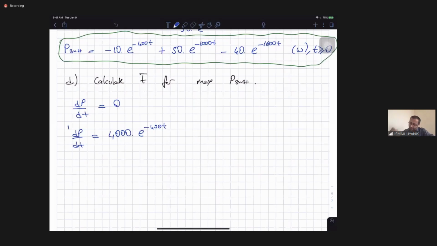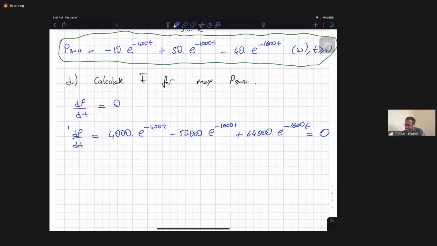And then the next one will be minus 50,000 times e to the minus 1000t, and then plus 64,000, right? E to the minus 1600t, and then we will equate this to 0.